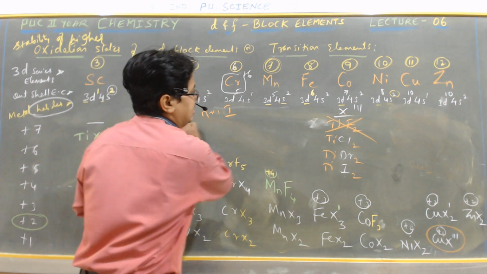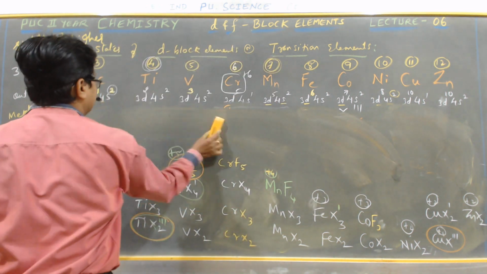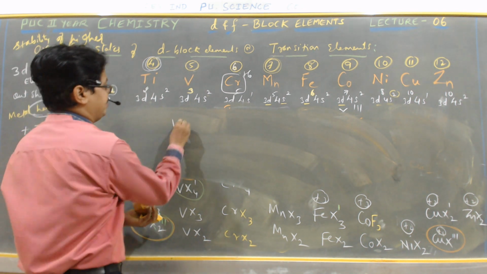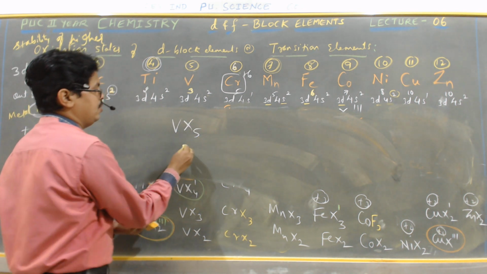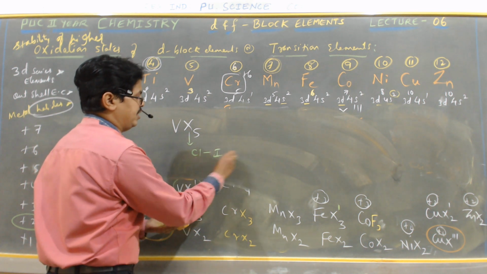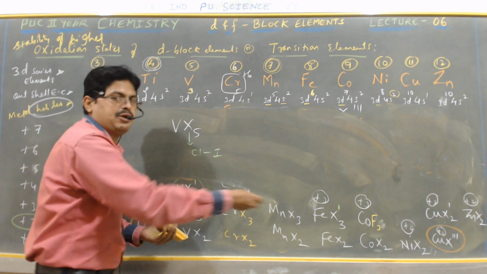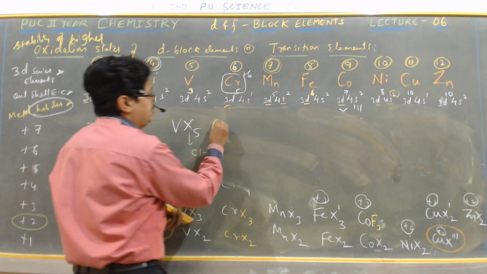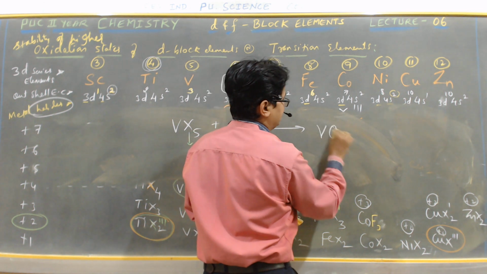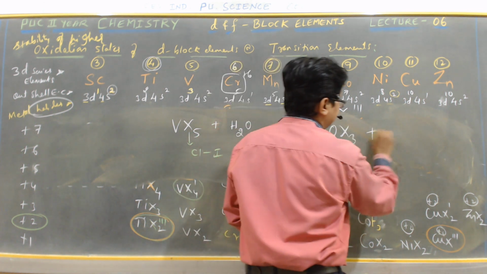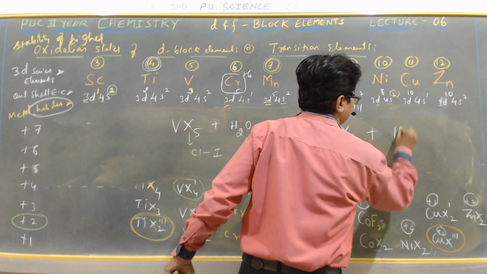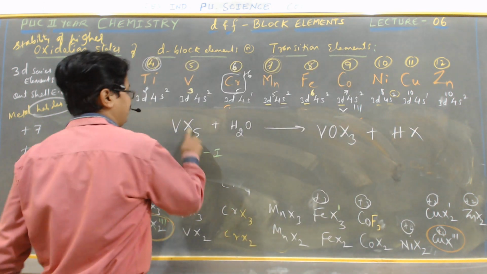What about the other halides, sir? For example, if I take VX5, what is X? Here X is chlorine, bromine, and iodine. Point to be noted: they react with water and undergo hydrolysis to form the respective oxo acid of the halide plus HX.